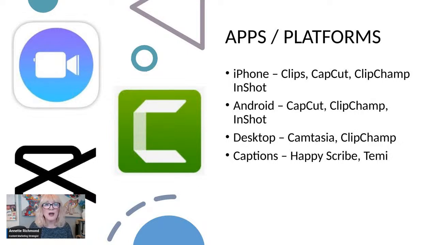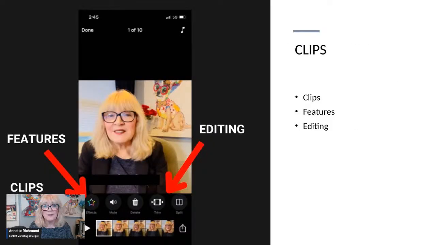So I just want to show you a few things in Clips, and this is why I find it so simple to use. And as you can see here with Clips, you can edit all of the things there. You can record them. You can use the features to put on filters and add text.